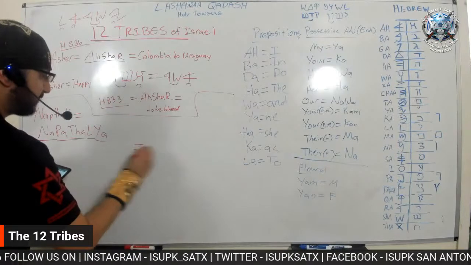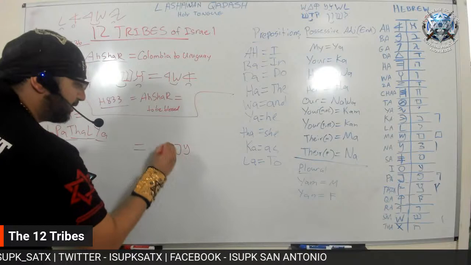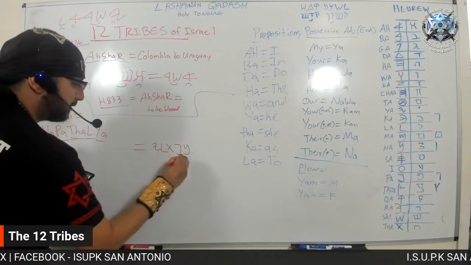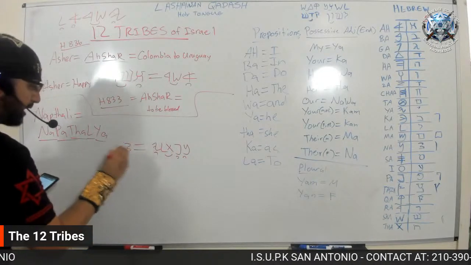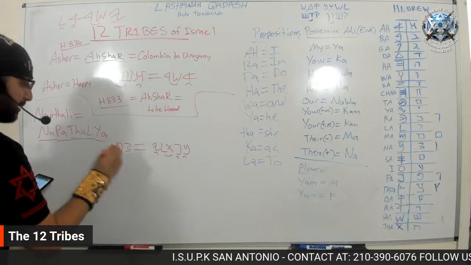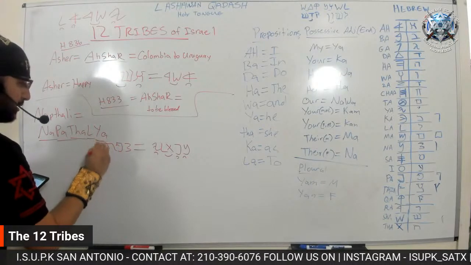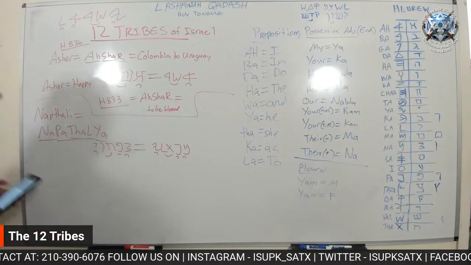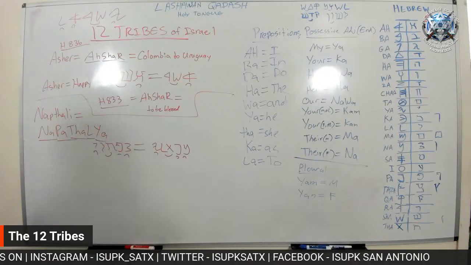I'll try to make sure I have enough room for everything. So, Na pa thal ya. Again, na pa tha la and then ya. The word Naphtali, let me look that up real quick.